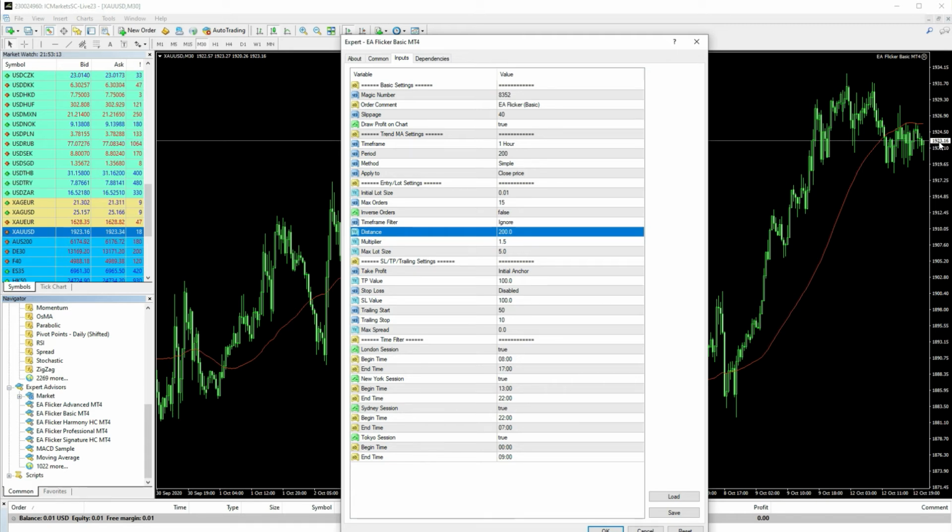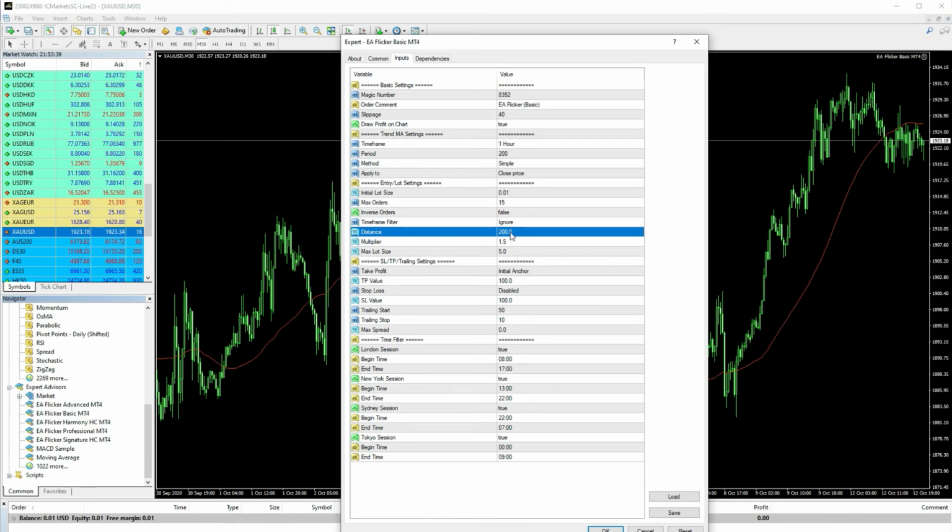If it goes up, the next position that Flickr will open will be 1925.00, 200. And if it were to go down, the next position that Flickr would open will be at 1921.00. It's as simple.